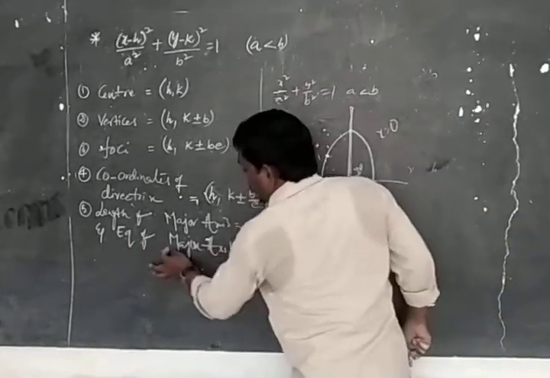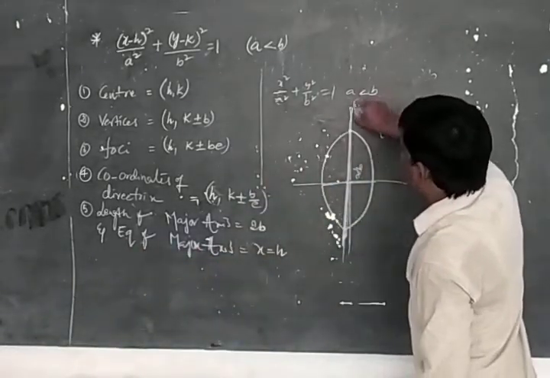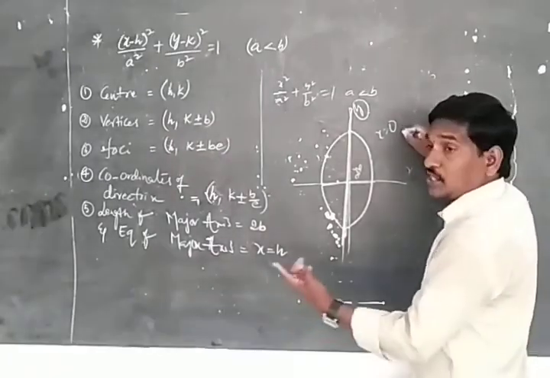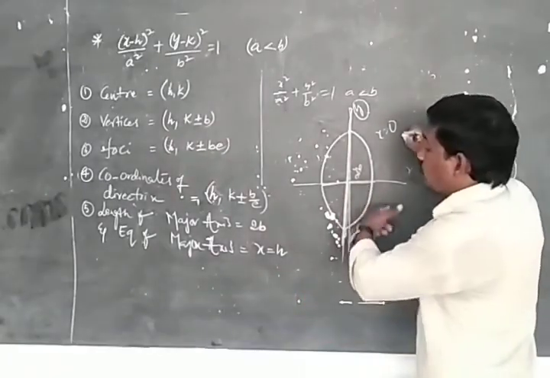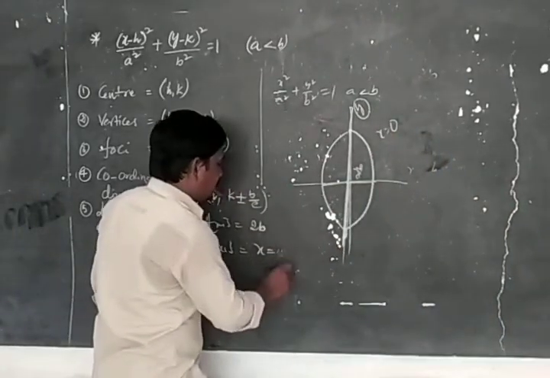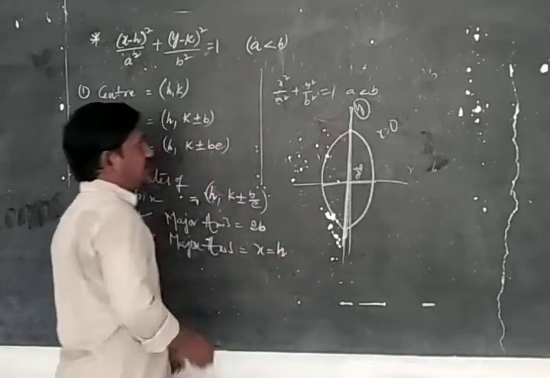Equation of major axis, this is y axis. So equation of y axis is x equal to 0 actually, but the origin 0 comma 0 shifted to h comma k. That's why x equal to h.